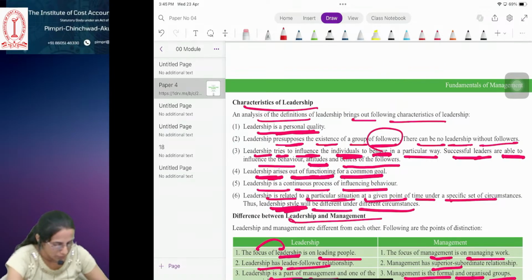Next is leadership effectiveness. So what things as a leader should I do so that my leadership which I am exercising on my subordinates is effective, is good? There are at least three major views of determinants of leadership effectiveness. What is the first view? See, what leaders do, how do they behave?